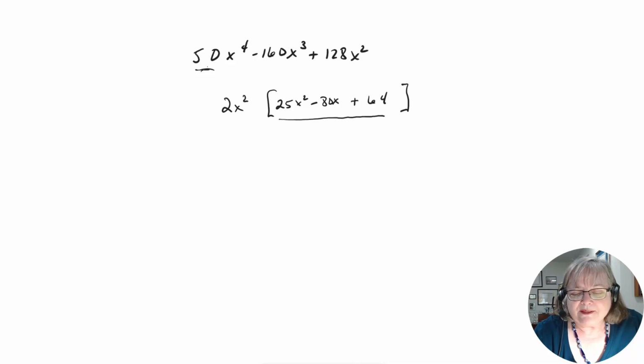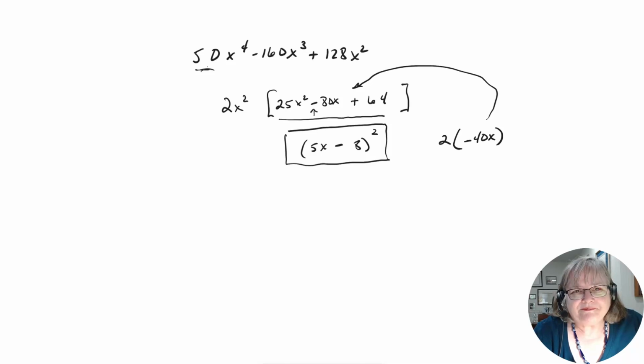Hey, I don't see anything else in common, but it does have a square on each end, so maybe it's a binomial square. And the square root of 25x squared is 5x, and the square root of 64 is 8, and I use this first sign right here. So I'm thinking it's that 5x times 8, negative 8, is negative 40x. If I double that, does it show up here in the middle term? Yes, it does.